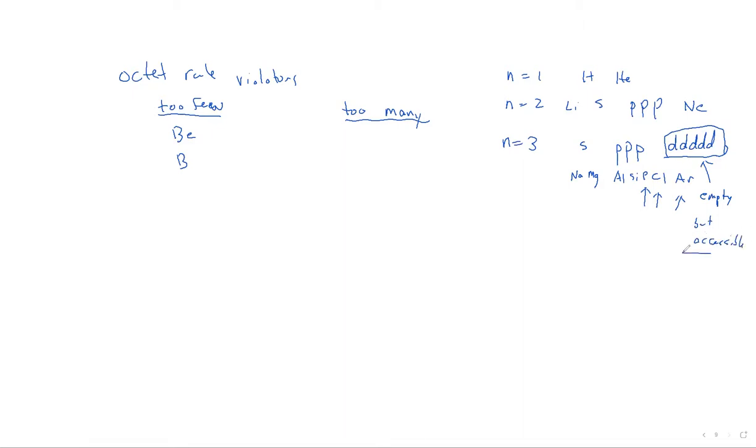And so we're going to use this explanation to understand why we can have things like PCl5. Because once you get into this third shell, once you get to phosphorus, it's pretty much phosphorus and higher, although I feel like there should be an example with silicon, right? But maybe not.